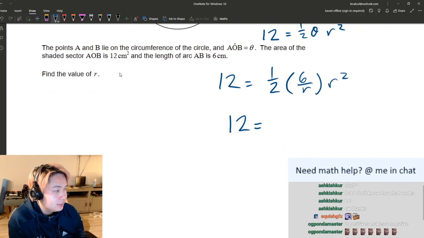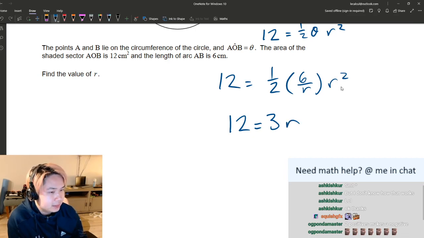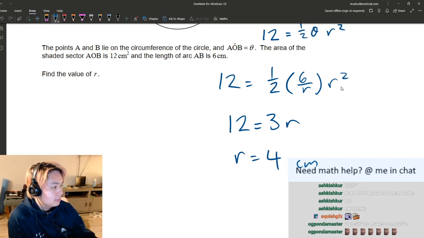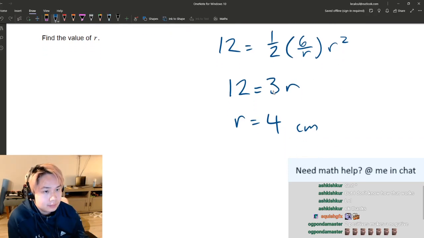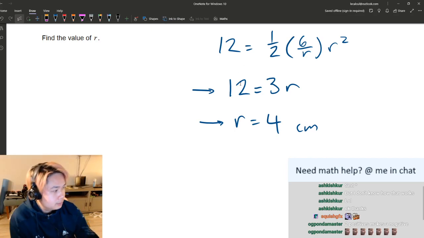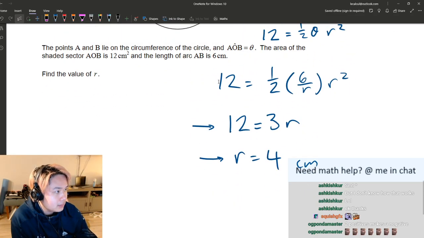So we have 12, and then the 1/2 times the 6 is 3, and then this r down here is going to cancel out with one of these r's. So you get this equation. In other words, r has to be 4 centimeters. Nice, easy peasy.